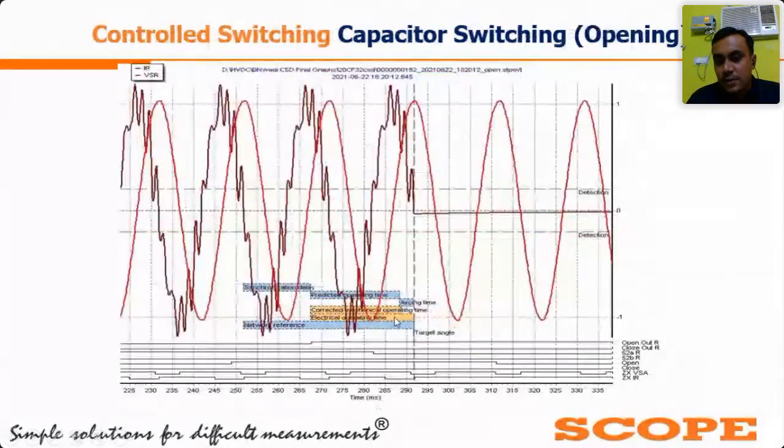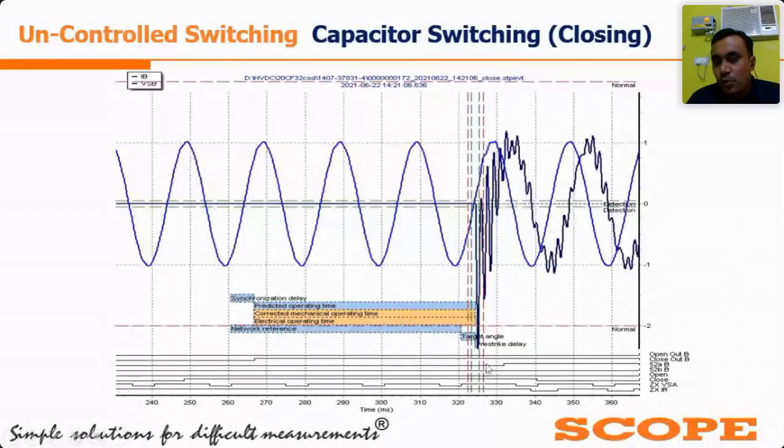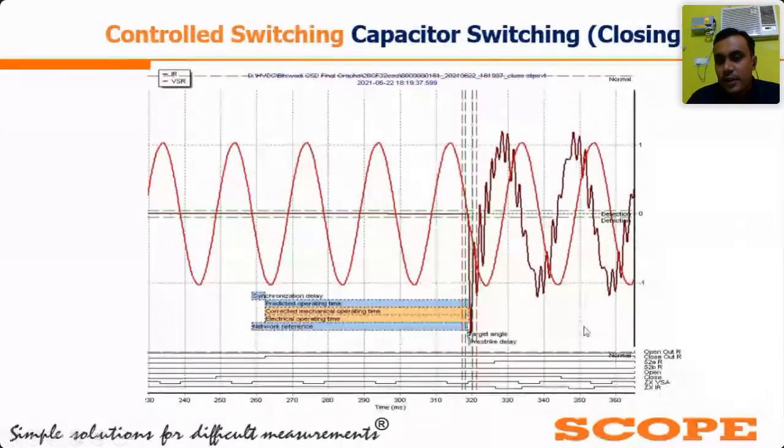As we have seen previously, it was more than 2 pu, around 2.5 pu. In this graph it is less than 2 pu, around 1.5. So it is the ideal and healthy condition of the capacitor closing operation, which we have obtained with the help of CSD relay controlled switching.